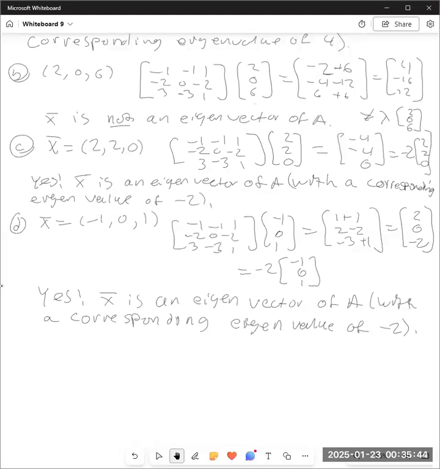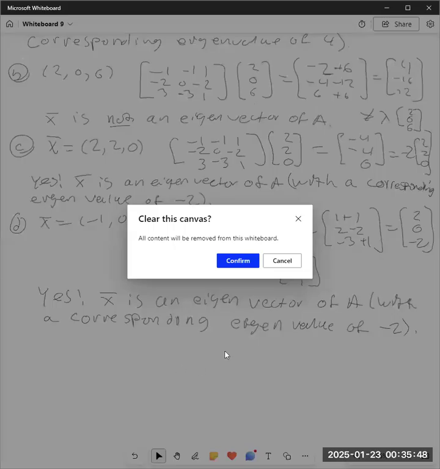Okay. Look at number 13 next. And this is a different problem set, so let me tell you what the instructions are here. 13 says, finding eigenspaces in R2 geometrically.